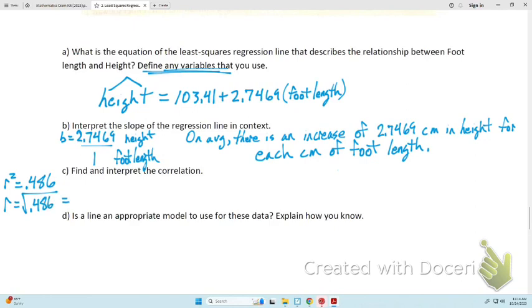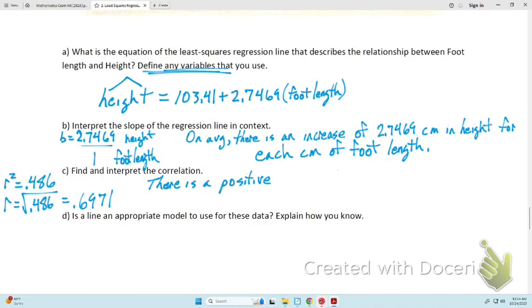And we get 0.6971. Oh, I forgot to double check. Remember, your slope sign and your r sign should agree. Slope is positive, so is r.